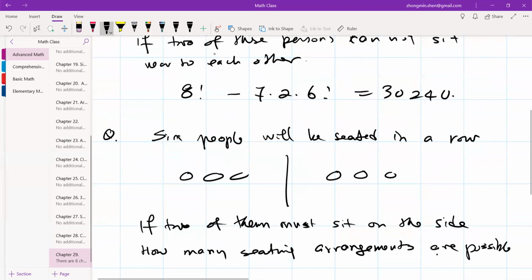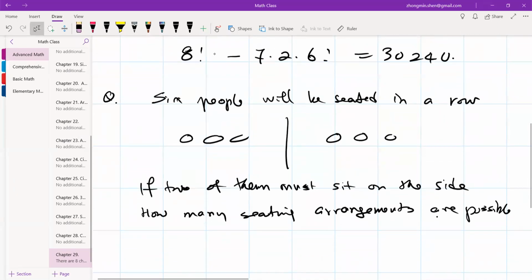It's not necessary to sit next to each other, right? And if I change the problem, say must sit next to each other, then the answer will be slightly different, because this whole row is divided into 2. One is on the left, the other one is on the right.